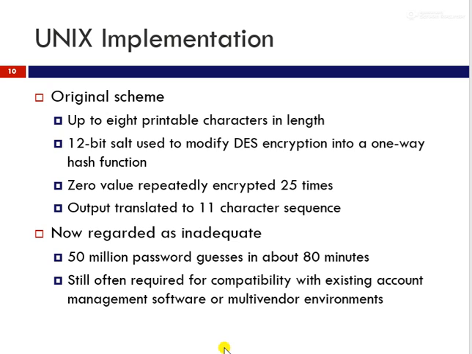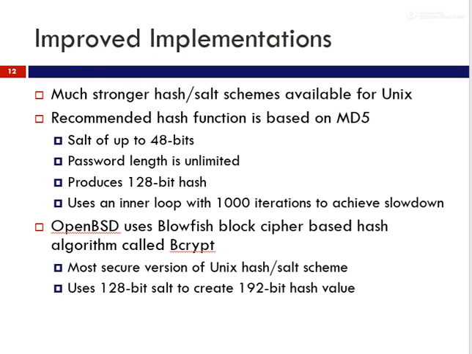But now this is not considered to be secure anymore. It is considered inadequate, because with increasing computational power, it is possible to guess 50 million passwords in about 80 minutes. So in the improved implementation of the Unix password hashing scheme, we now use much stronger hash and salt schemes, where the recommended hash function is MD5.